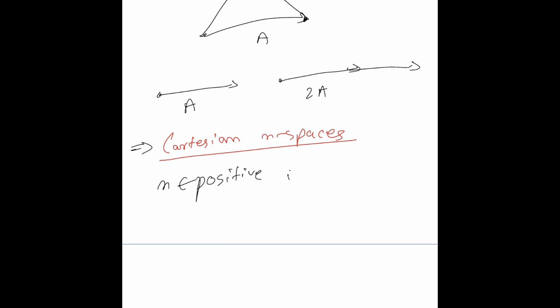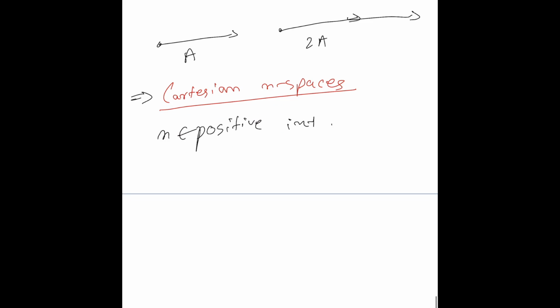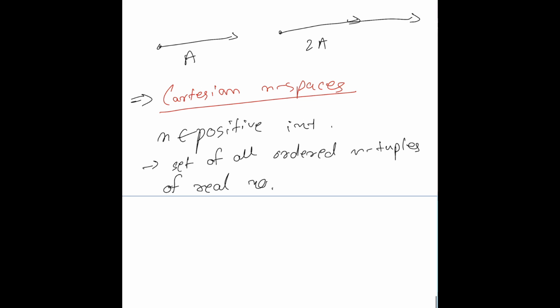It's a set of all ordered n-tuples of the real numbers. This is what Cartesian n-space is all about. We'll go with an example. This is all basic concepts. I will upload a definition notes or definition video soon, which will include all of this together.